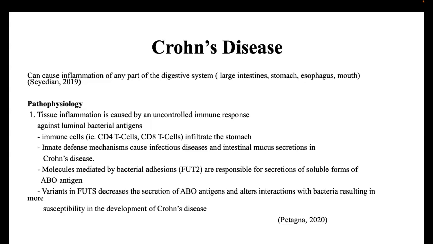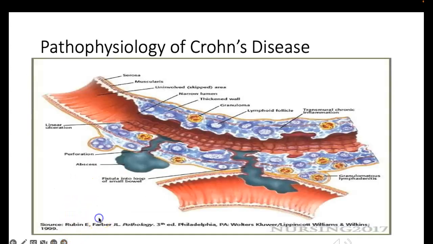Variance in FUT2 decreases the secretions of ABO antigen and alters interaction with bacteria, resulting in more susceptibility to the development of Crohn's disease. And again, just like with ulcerative colitis, there's a picture of the pathophysiology of Crohn's disease to give you a better idea of what it looks like.